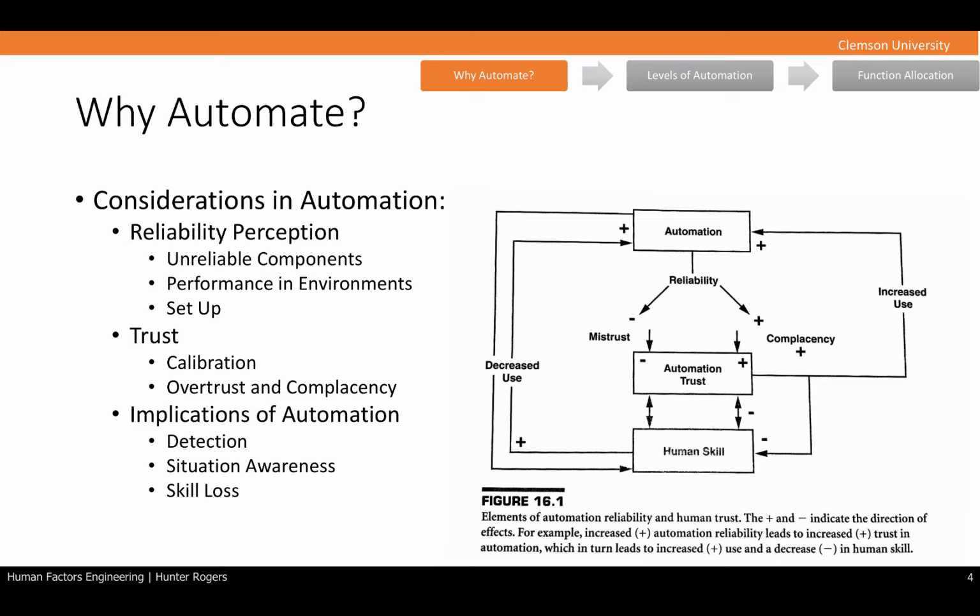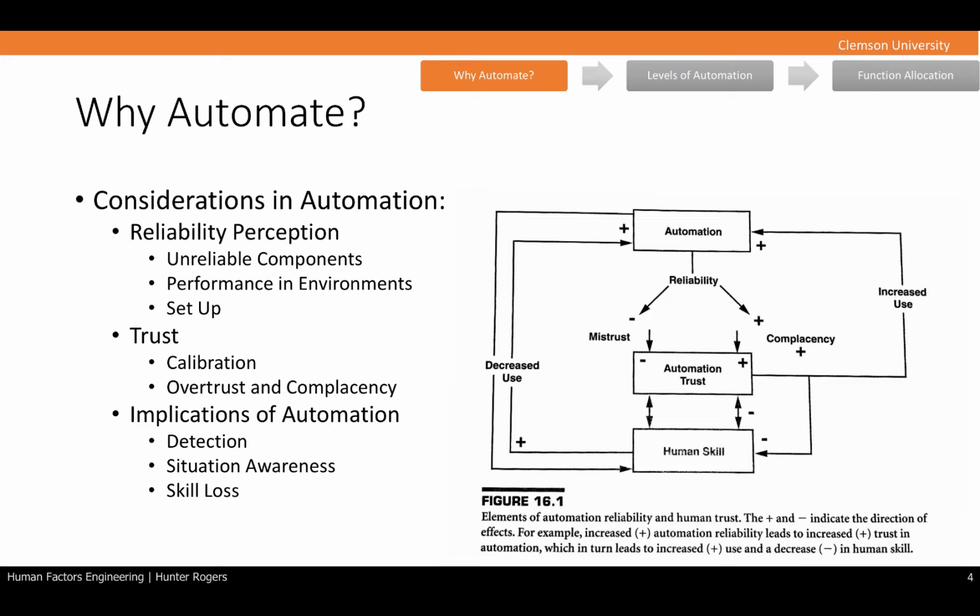Like, for example, the example that we had in the set phasers on stun reading, when that pilot in an Airbus flyover trusted the automation when he shouldn't have because it was turned off, or in areas where you have undertrust of a system, like in that newfangled technology story where the captain of that ship didn't use the automation that was presented to them because they didn't trust it.